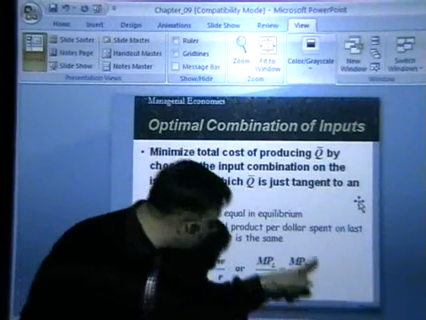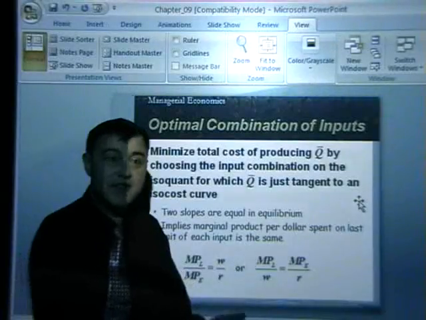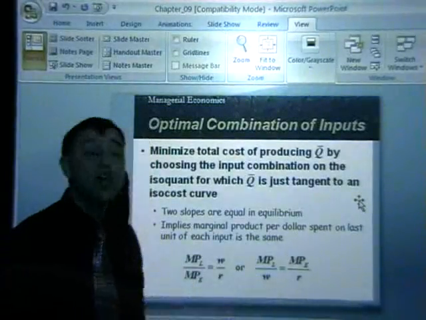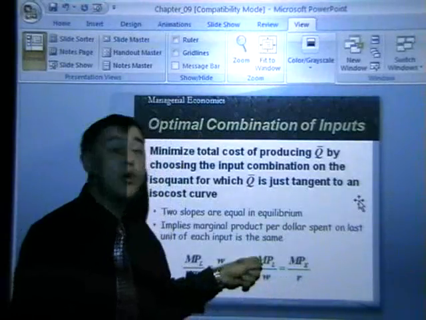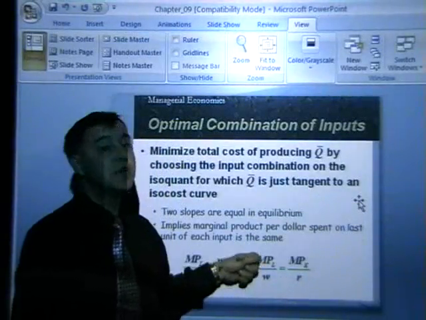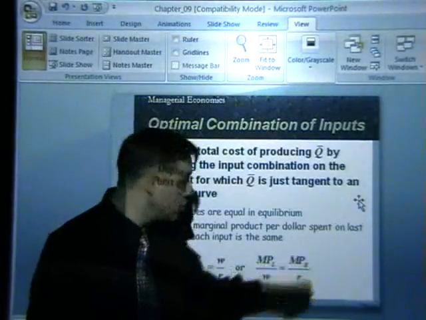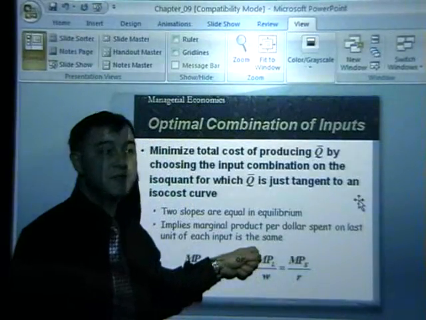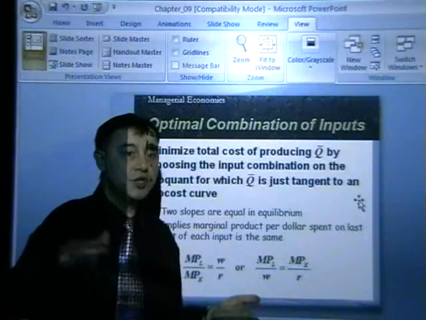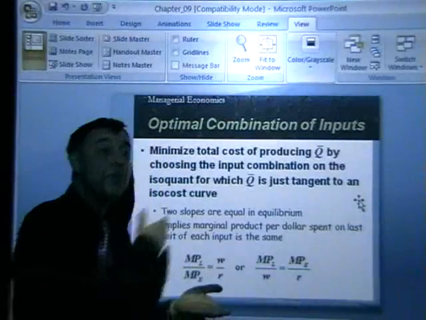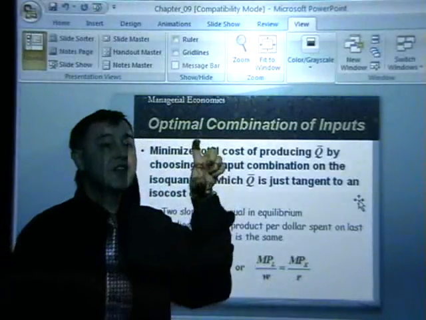Well, of course, if this ratio did not hold, then you're not at optimality because you can trade off. You can cut down on the one and increase on the other, whichever, for $1 more, will give you a higher marginal product. For example, if the marginal product of capital is 2 and the marginal product of labor is 5, what you want to do is cut $1 from capital, you're going to lose 2, you're going to put it in labor, you're going to gain 5, and you're going to increase a net 3.